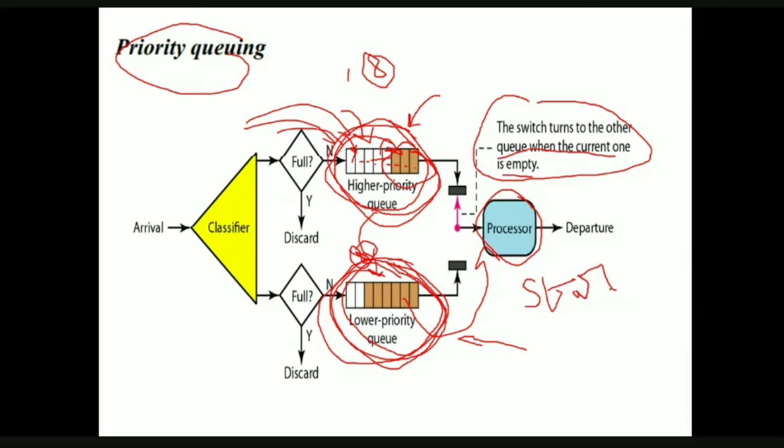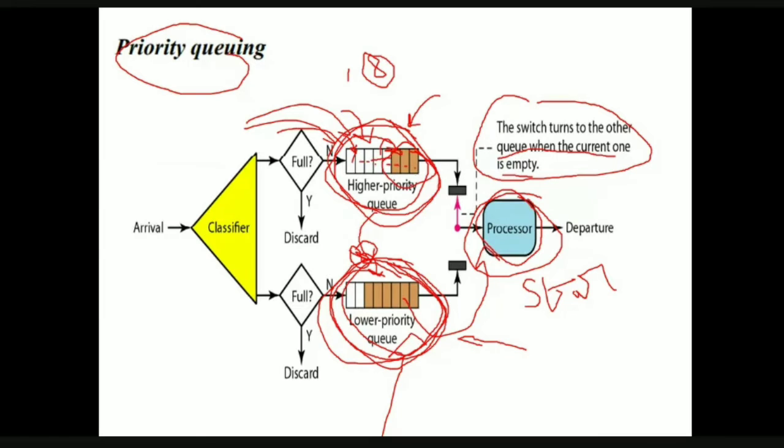The packets in the lower priority queue will starve for the processor to process them. This is the main drawback of priority queuing: if there is a continuous flow of high priority packets, the packets in the lower priority queue will never have a chance to be processed.